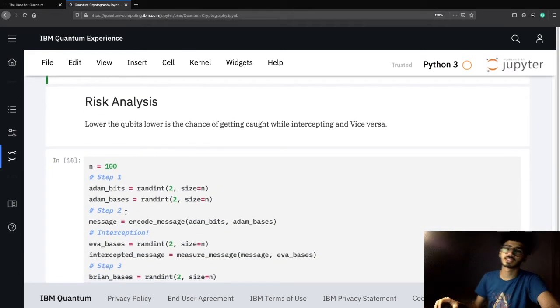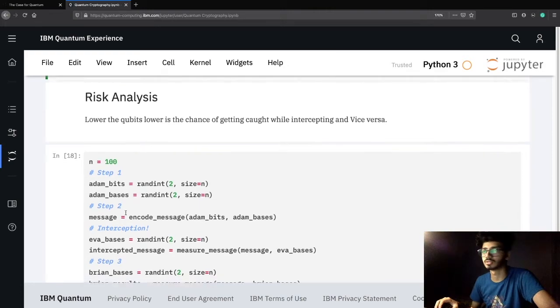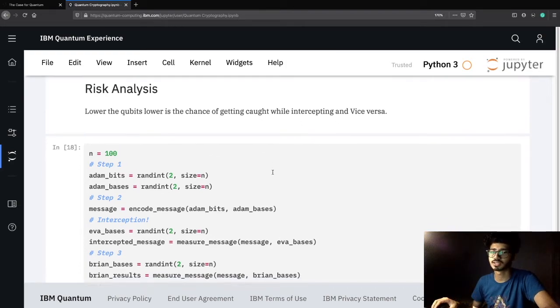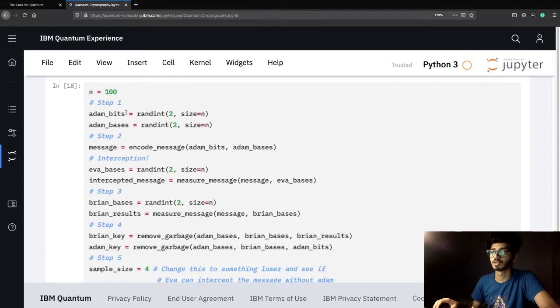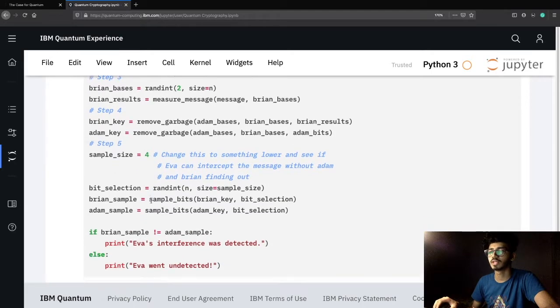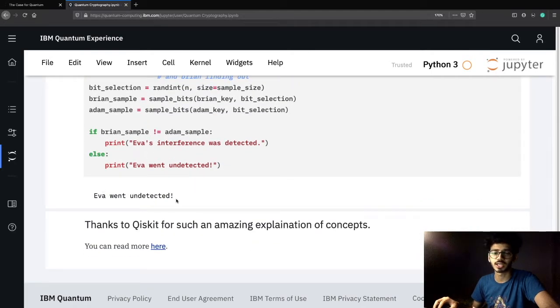Now, what does the risk analysis show? We conclude that the lower the qubits, the lower is the chance of getting caught by intercepting, and the higher the qubits, the higher is the chance. Now, if we lower the sample size from 15 to 4, we can see that Eva went undetected.